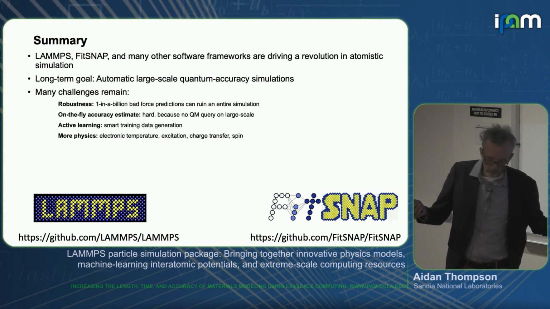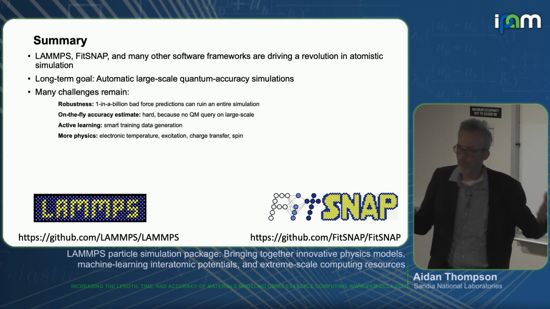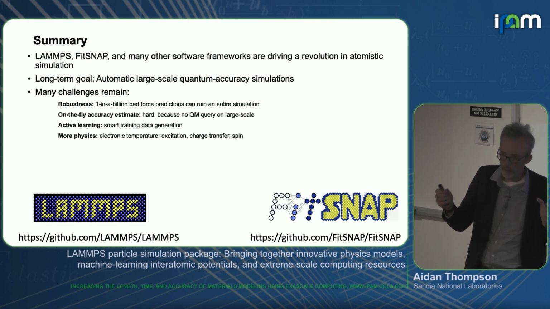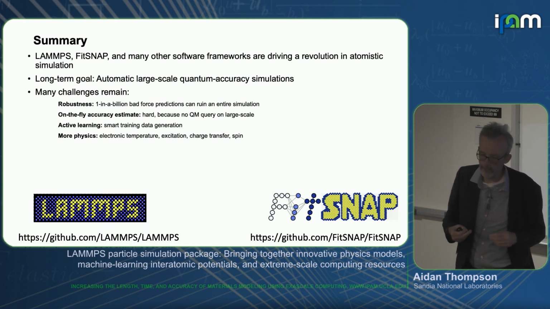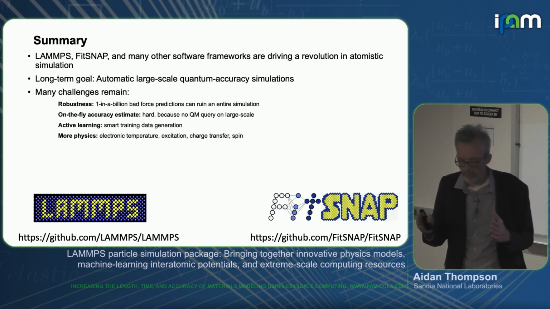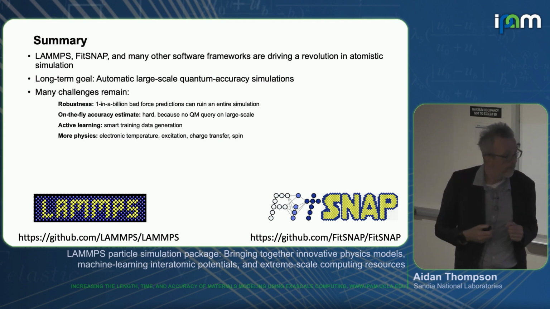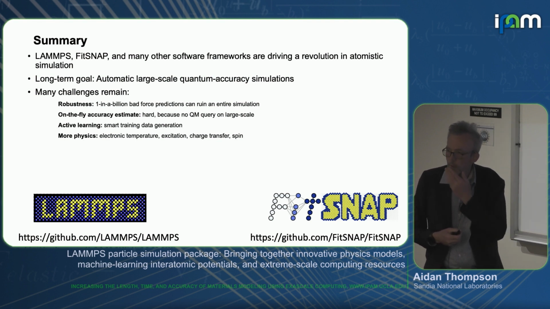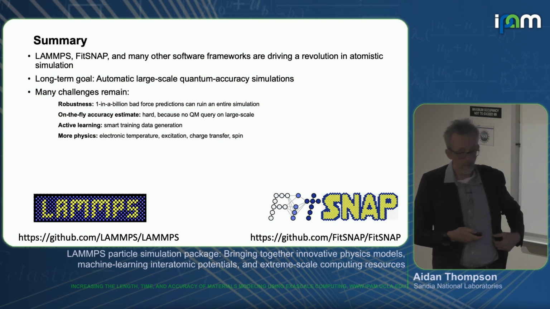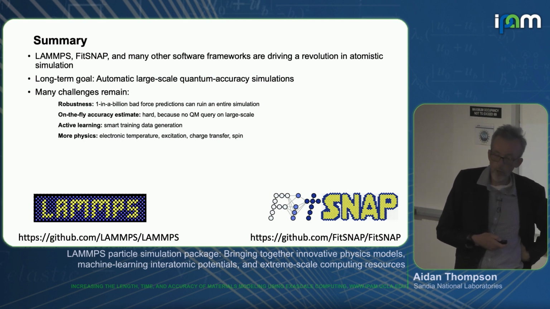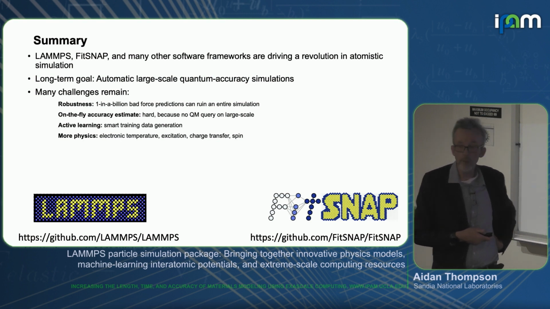Like anybody in the world can now download LAMMPS and run an EAM model without really knowing much about anything. It's just incredibly straightforward and foolproof. That's not true yet for these machine learning potentials, but that's where we want to get to. Maybe in 5 years or in 10 years we'll be there.